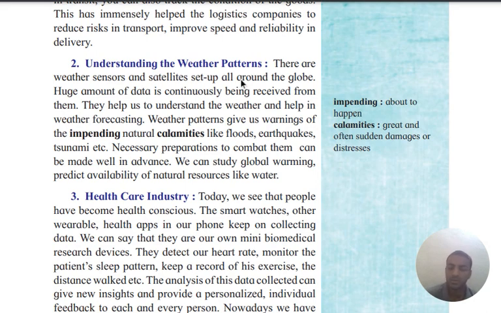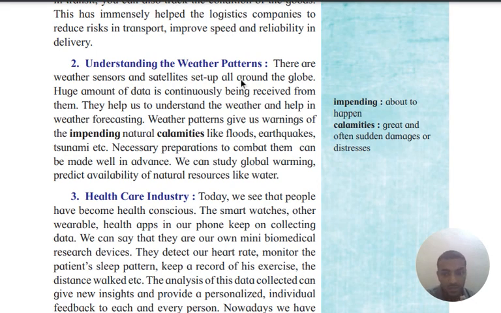First of all, what does weather mean? In India, India has a monsoon climate, so there are four types of weather: summer, winter, rainy, and spring. So understanding the weather pattern is a use of big data.